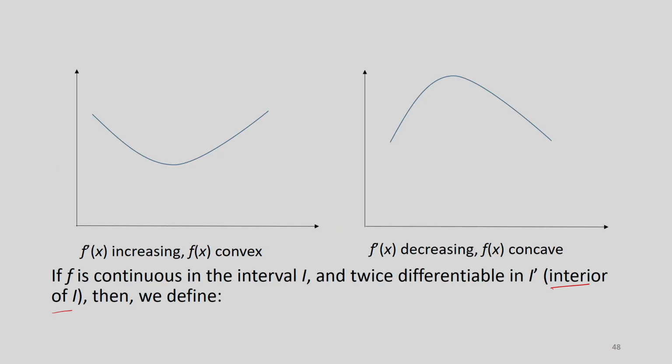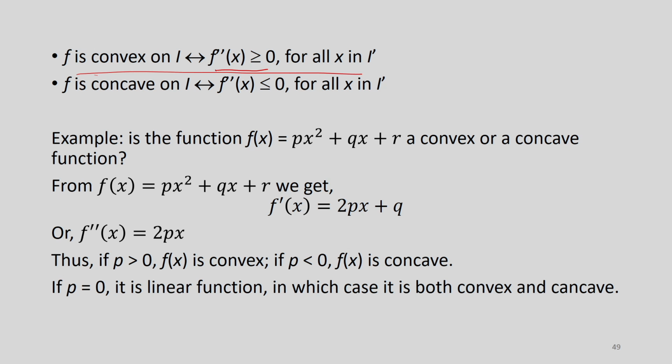So, f dash of x increasing is equivalent to f is convex in I. Similarly, f dash of x decreasing is equivalent to f is concave on I. So, these three things are closely related to each other.